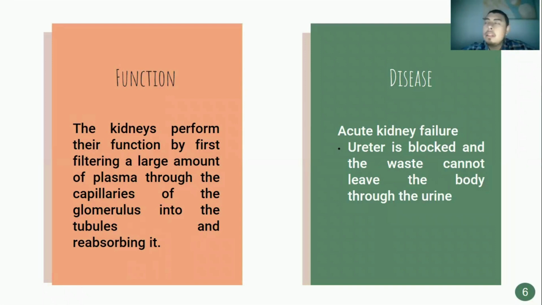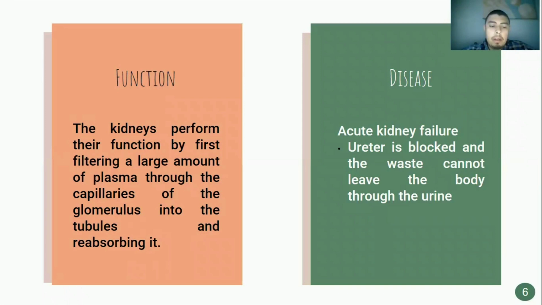This reabsorption must contain the substances that the body does need, like glucose and amino acids, the correct amount of water and ions. So the tubule regulates the concentration of salt, water, and the waste products that are excreted through the urine.